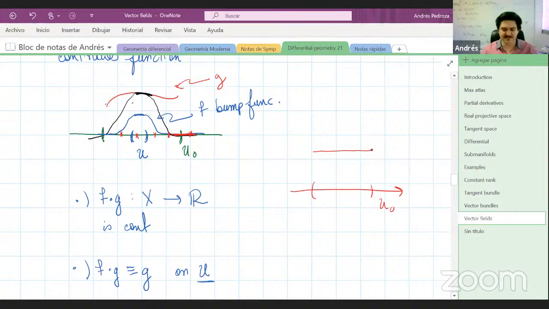If this is G, well, I don't know if you can make it like this continuously. But at least this one is for me more obvious that it is continuous.